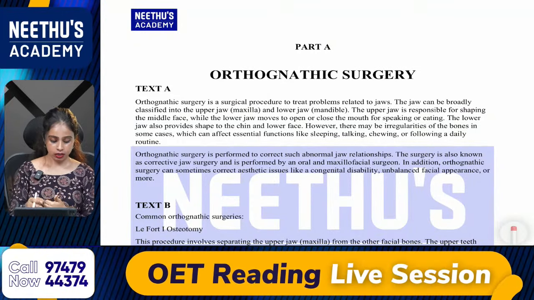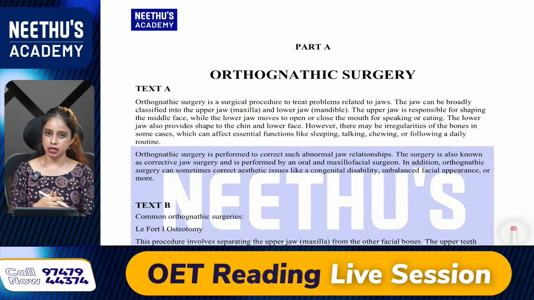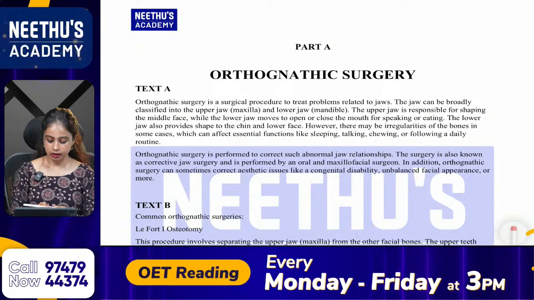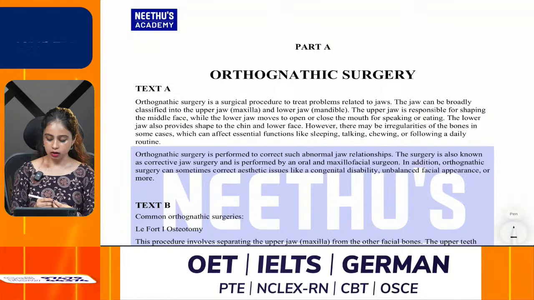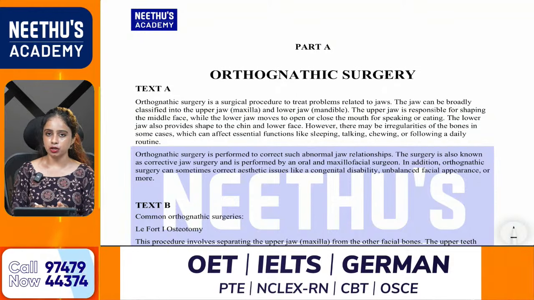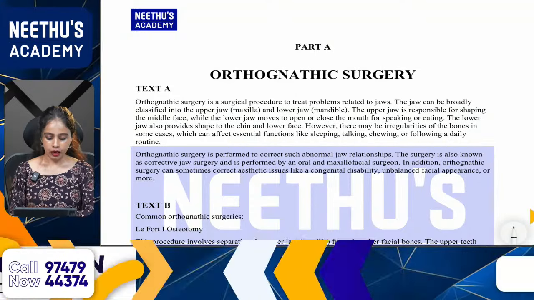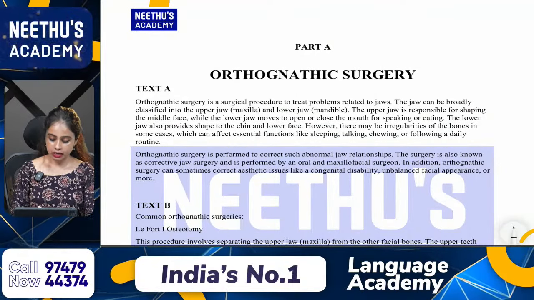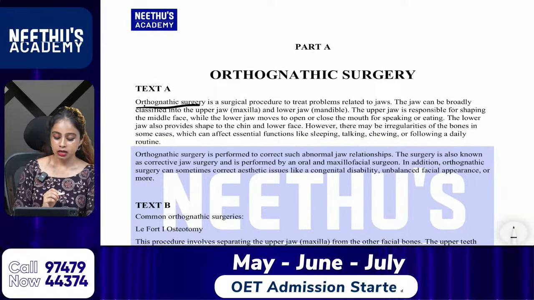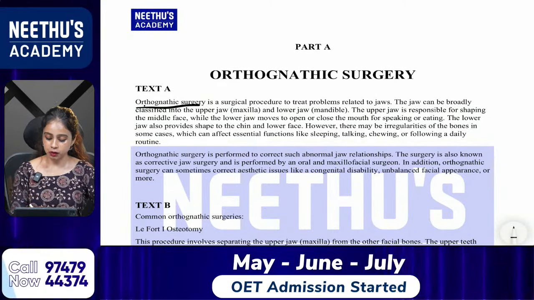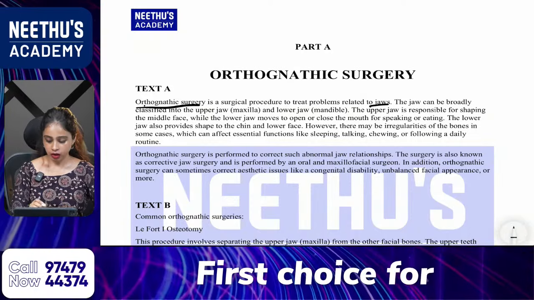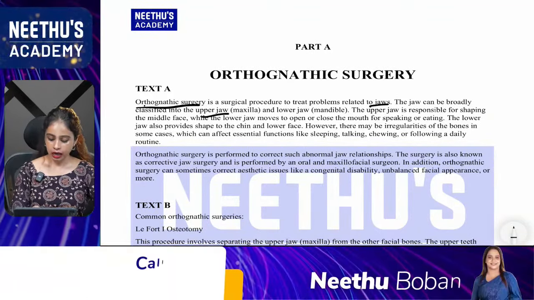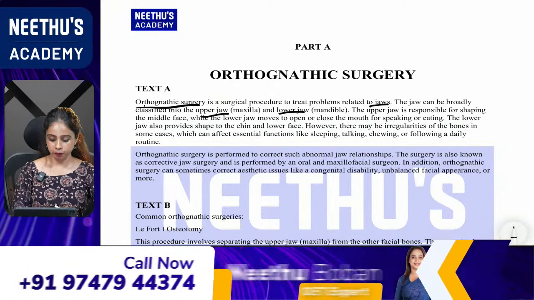Okay, so we are moving on to the first text, text A. You can read with me, and we are going to underline the keywords or main important words from the text. So text A has no heading and no subheading. Orthognathic surgery is the name of a surgery mentioned here. It is a surgical procedure to treat problems related to the jaws. The jaw can be broadly classified into the upper jaw, that is the maxilla, and the lower jaw, which is the mandible.